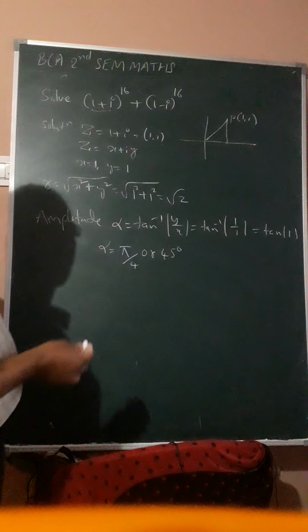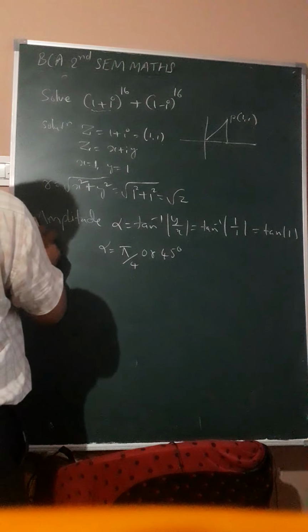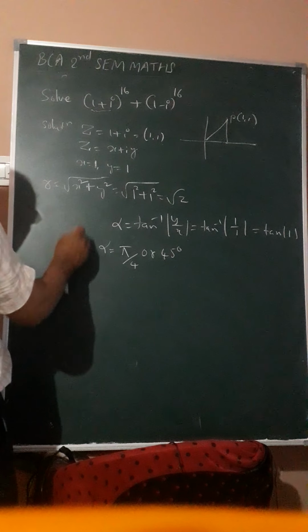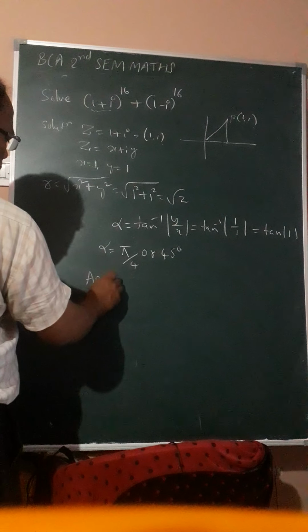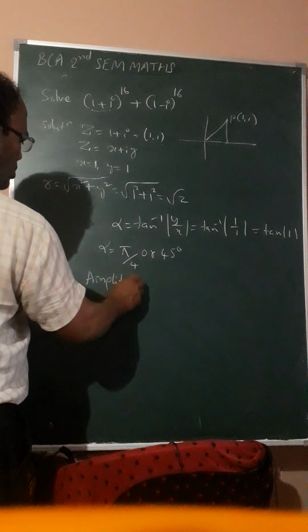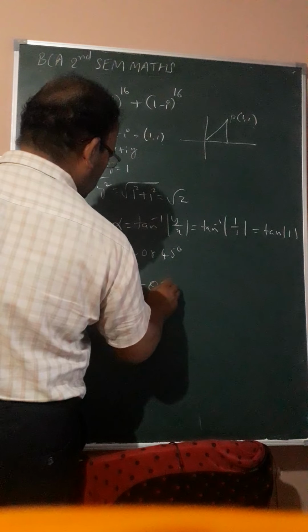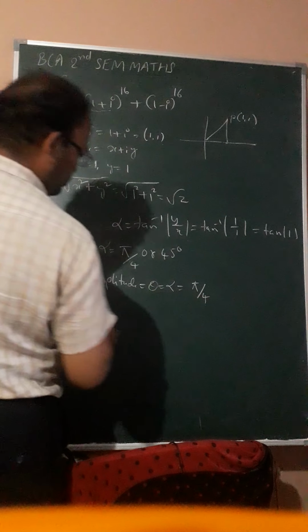So what is the amplitude? This is the argument. Amplitude theta is equal to alpha only, that is pi by 4.